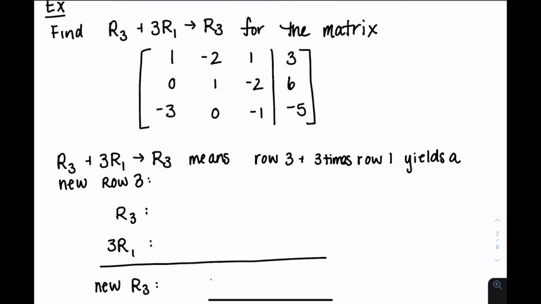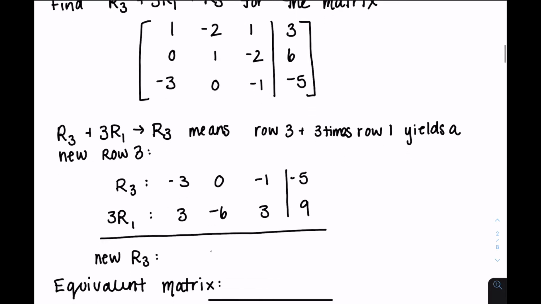If I pull the numbers from row 3, none of those are going to change. I want to do 3 times this first row. That gives me a 3, a negative 6, a 3, and a 9. Now we just add them together. You get 0, negative 6, positive 2, the bar stays in the same location, and then adding those together gives you 4.